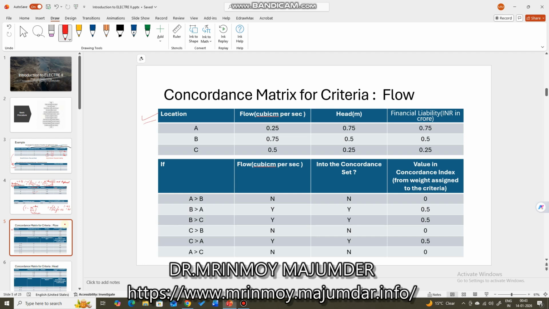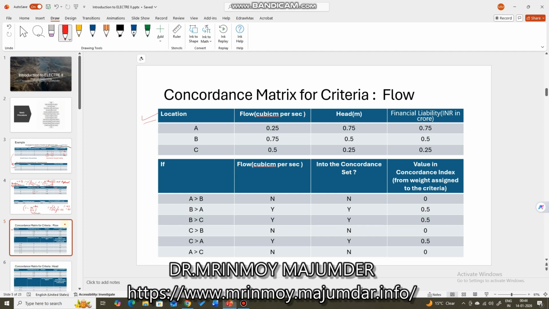You know, concordance means if we compare two alternatives with each other, and one alternative outranks the other, it becomes a candidate of the concordance matrix. Concordance means concord with the objective of the decision. So outranking means that alternative A has outranked alternative B with respect to the criteria of flow, based on the objective of the decision.